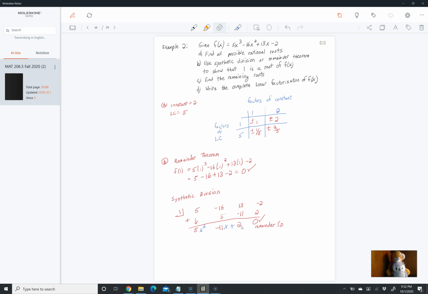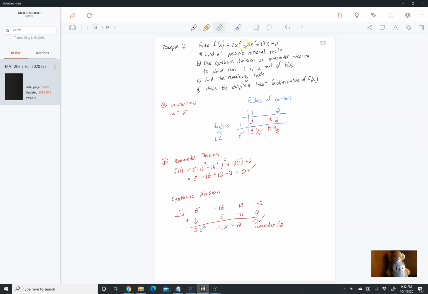We showed that 1 is actually a root. So now we're doing part C. For part C, there are two different ways to do it, if you remember from last time. One way is going to be more efficient and less risky than the other. So we could use the remainder theorem and test all 7 of these other roots.